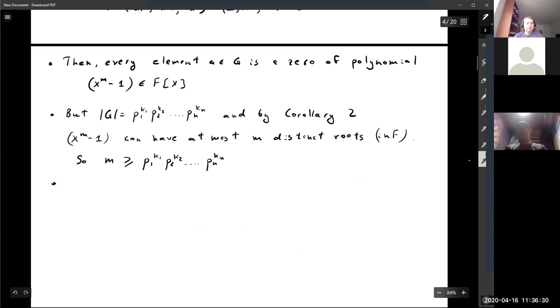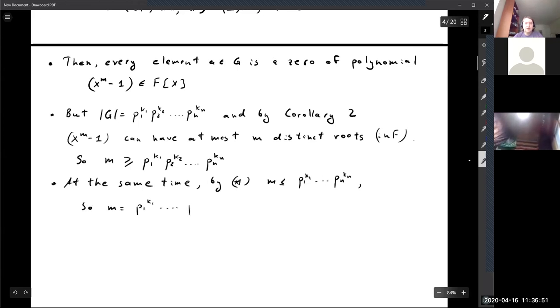At the same time, by equation star, we know that m is less or equal than P1 to the K1 all the way to the Pn to the Kn. So m actually equals P1 to the K1 all the way to the Pn to the Kn, and that's the order of G. And that's essentially the proof of our theorem.